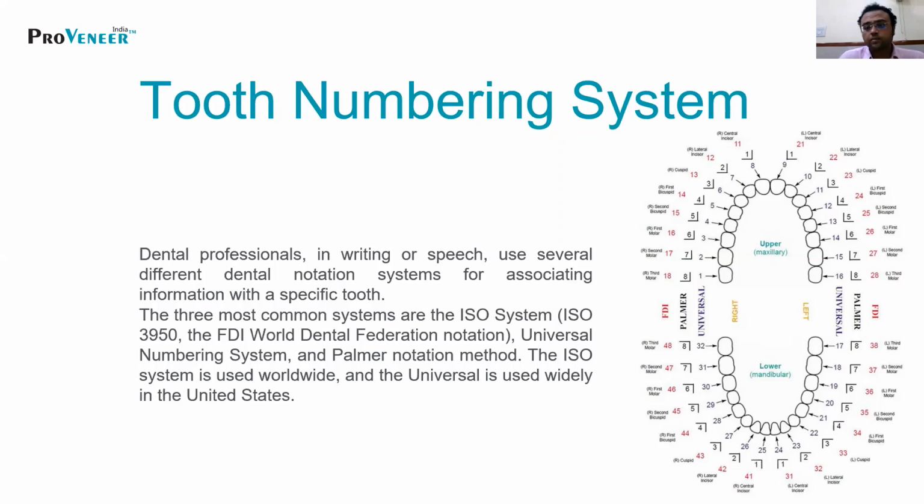Then I'll talk about the FDI system. The FDI system is divided into 4 quadrants. The maxillary right quadrant is called number 1. Maxillary left quadrant is called number 2. Mandibular left quadrant is called number 3, and mandibular right quadrant is number 4.